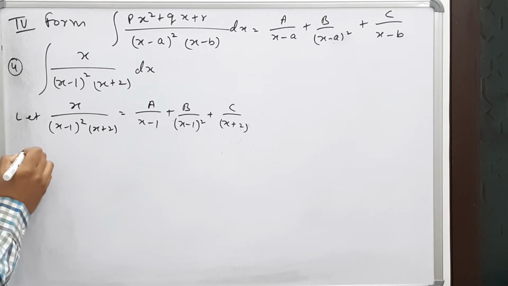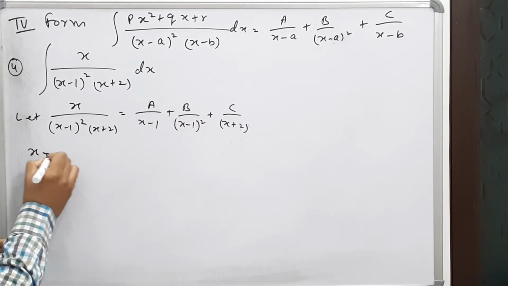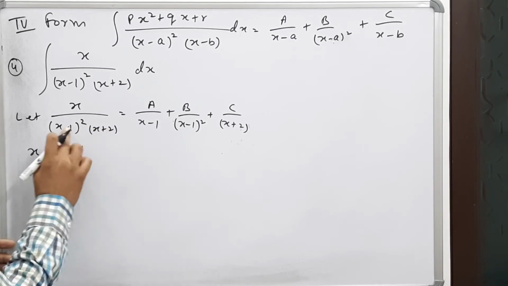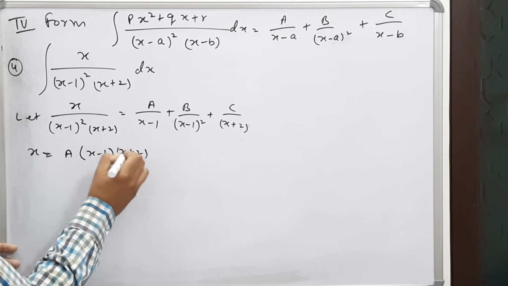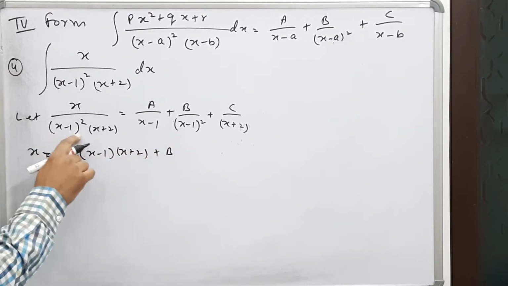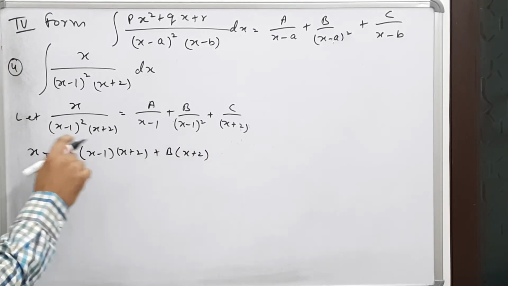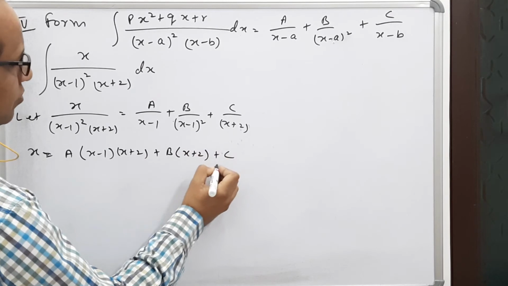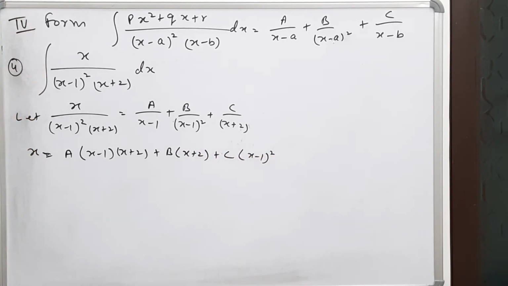Now the same methodology, multiply that side. So with a, (x minus 1) will cancel, and we have (x minus 1)(x plus 2). Plus b, with b this part will cancel and here it is (x plus 2). And with c we have (x minus 1) whole square.